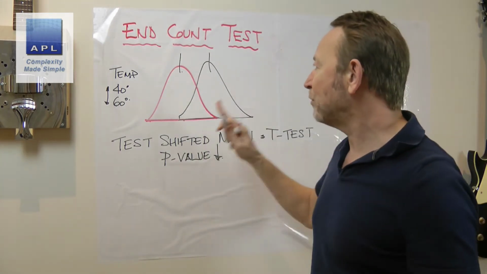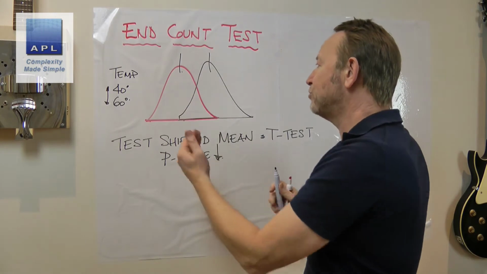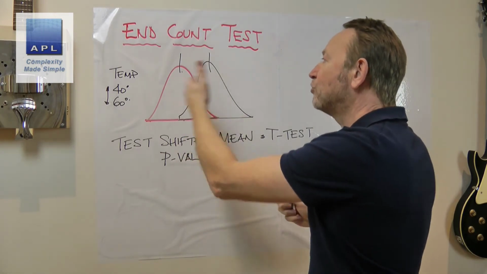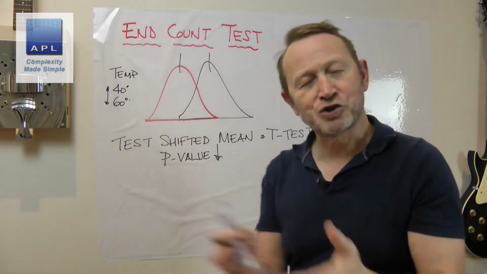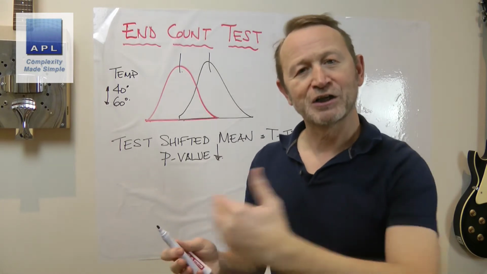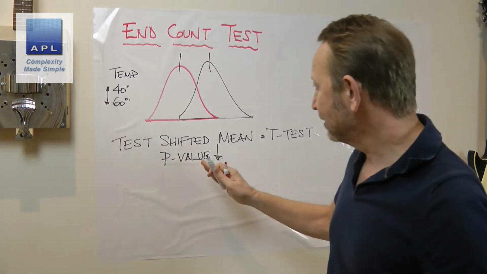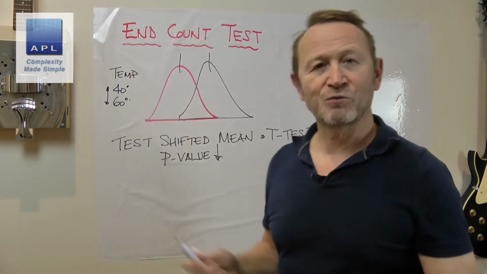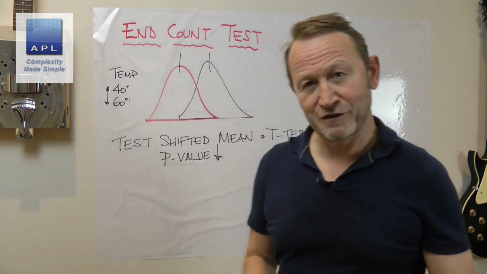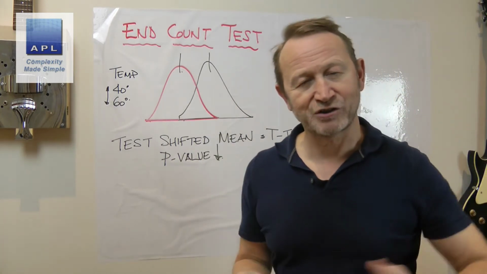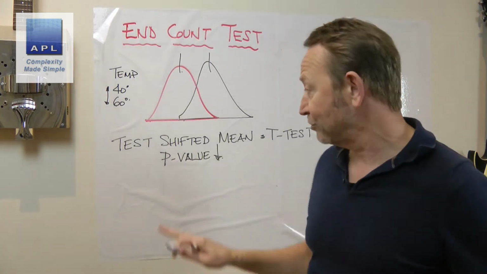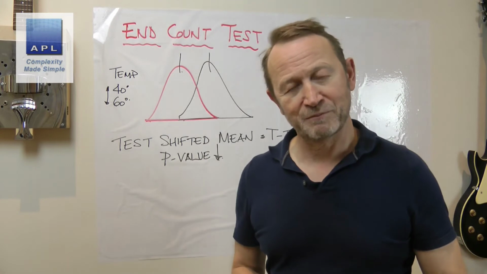Okay, but what we want to know is, when we do 2 tests, did you create the shift? Or was it just 2 groups? Were you being lucky? 2 groups of results are always going to be slightly different. Did you create that with your change in the temperature? That's what a T-test does. And it normally tells you by the p-value.